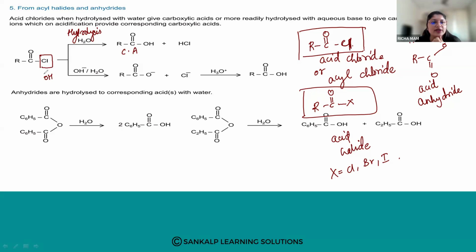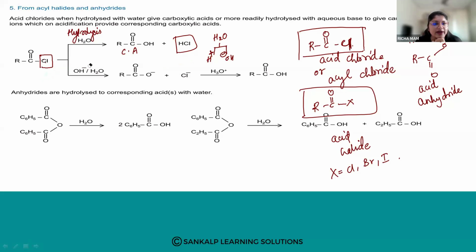H2O will split into H plus and OH minus, so your OH minus will attack here, and the H plus that is left will combine with the Cl minus to give HCl. So this is the reaction.